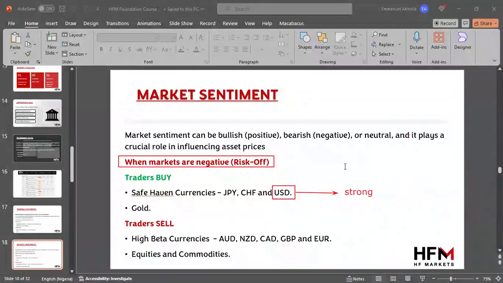So sentiment also has a way to translate to strength or weakness for the US dollar in the market.